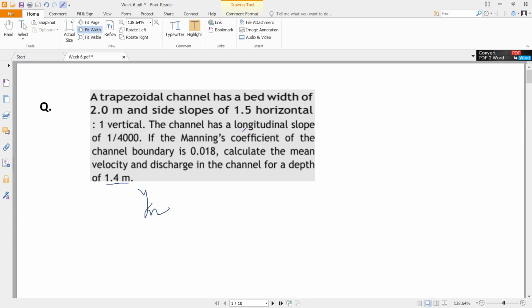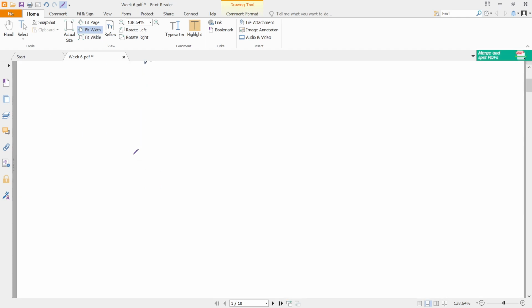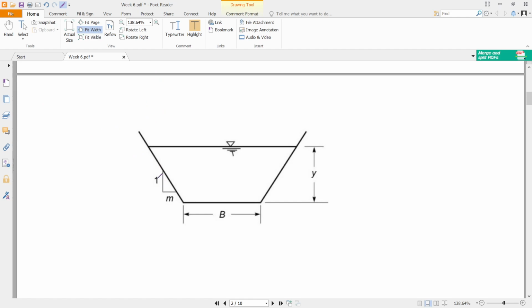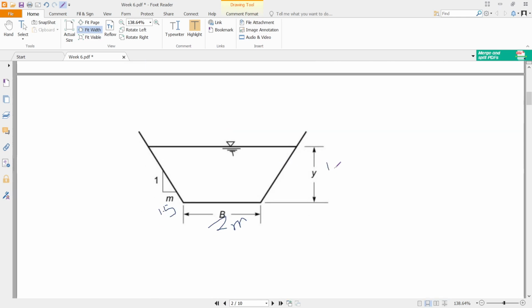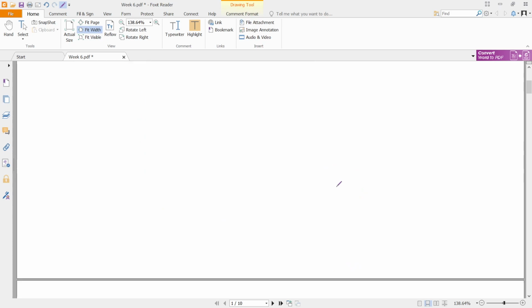Side slope is 1.5 horizontal to 1 vertical, so with respect to this figure, it is 1 vertical to m horizontal. The value of m is 1.5, the value of b is 2 meter, and the flow depth y is 1.4 meter. For this we need to find the discharge and the velocity.